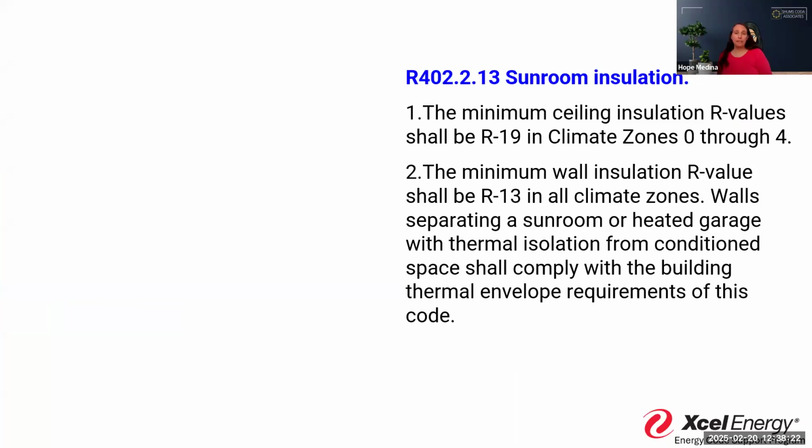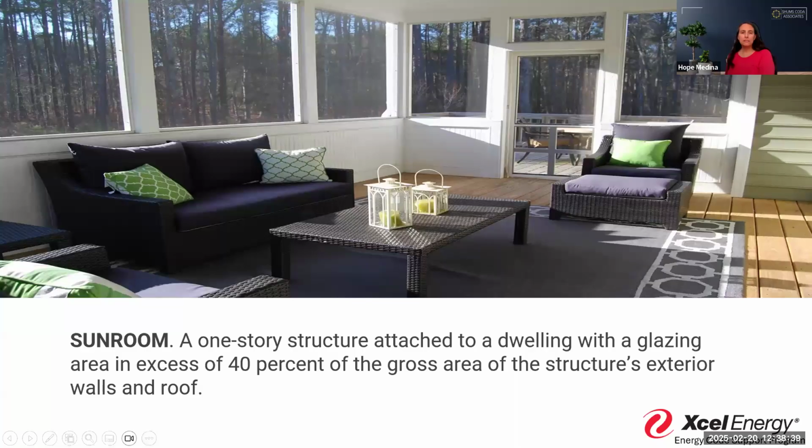Now, the nice thing is, one of the things it talks about is if this space is thermally isolated from the conditioned spaces. In this scenario, we've got 3 walls, and this back wall that isn't seen would be attached to the house, what was the exterior wall there. That exterior wall would have to be thermally isolated from all of that conditioned space.